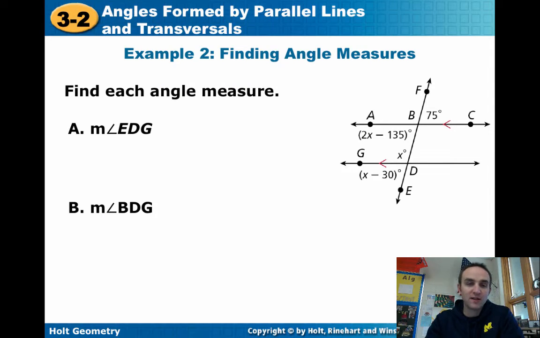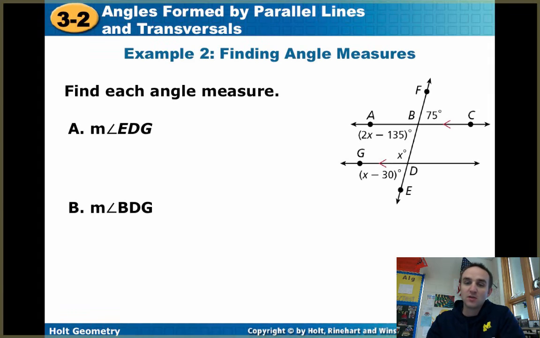If we want to find each angle measure here, we're looking for EDG first. We're looking for this angle right here. What we know is alternate exterior, that's got to be congruent to this angle. So that has to be 75 degrees for EDG.